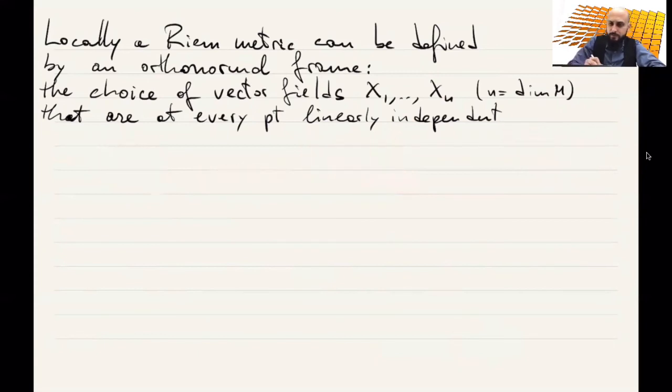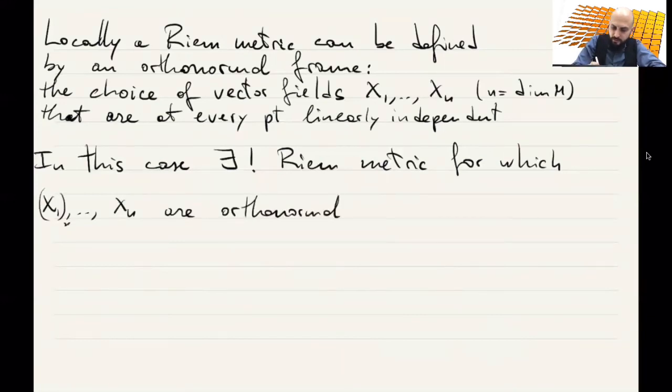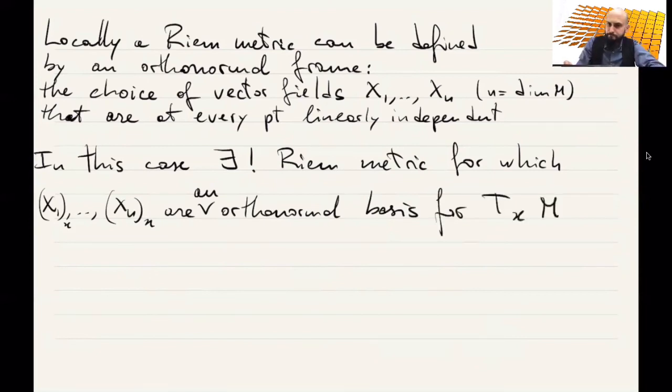Now, in this case, there exists a unique Riemannian metric for which x1 to xn, evaluated at x, are an orthonormal basis of the tangent space at x. How do you calculate the scalar product?